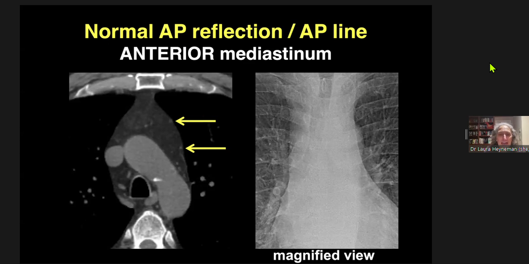So when you have lateralization of the AP line, where that line is projecting lateral to the transverse aorta, that is indicative of something in the anterior mediastinum that is causing that interface to be deviated laterally.